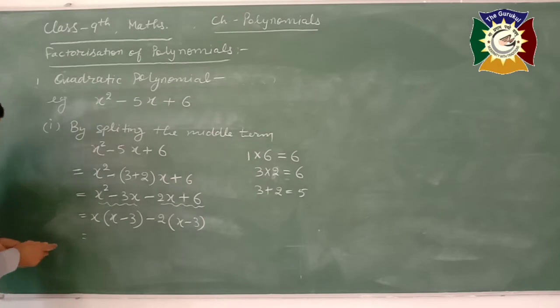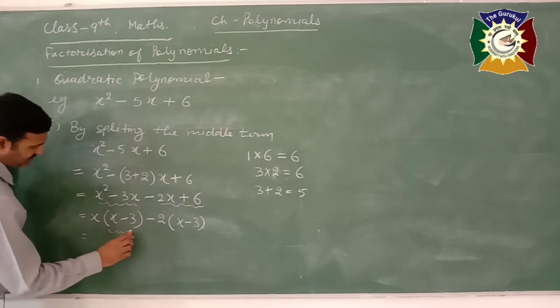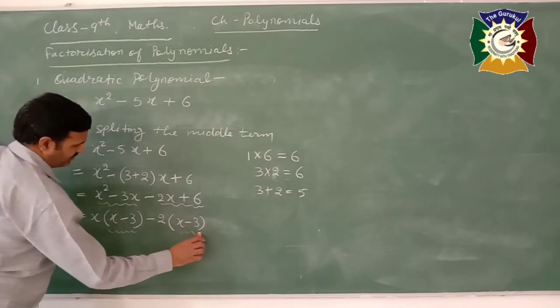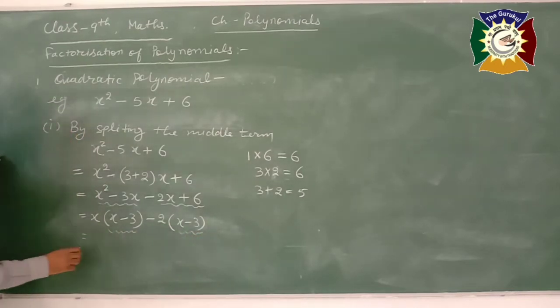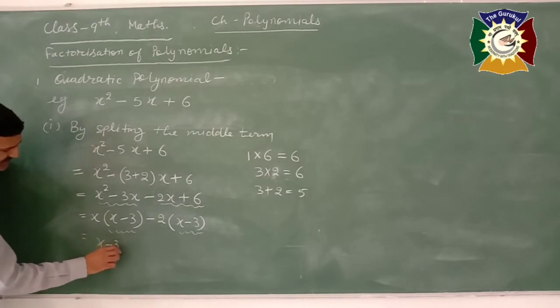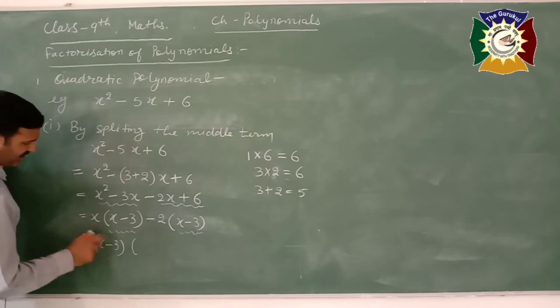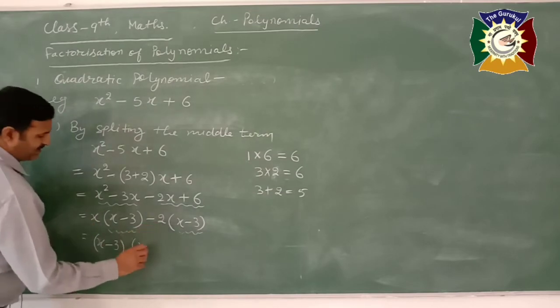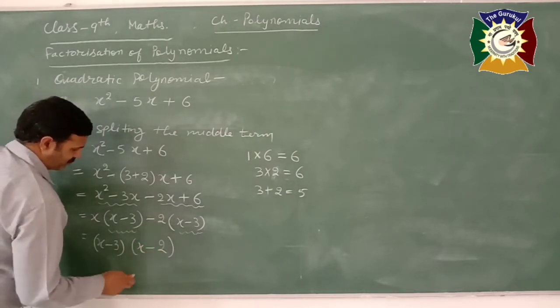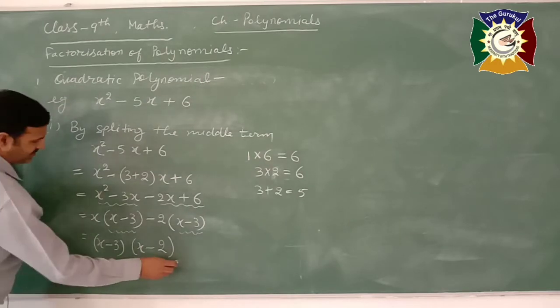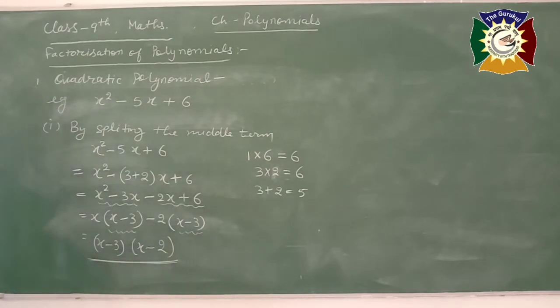At this step, you have to check whether the factors are correct or not. If these 2 factors are the same, then the factors are correct. Taking common this x minus 3 from both the terms, x minus 2 is left. These are the factors of the given polynomial by splitting the middle term.